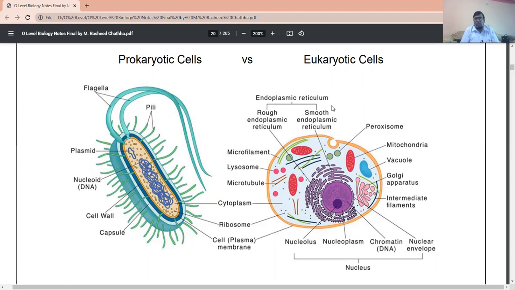Similarly, it contains mitochondria, vacuole, Golgi apparatus, intermediate filaments, nuclear envelope, chromatin, DNA, nucleoplasm, nucleus, nucleolus, and microtubules, lysosomes, microfilament, and peroxisome, etc. So these are the larger cells with more organelles, which are mostly membrane-bound organelles.